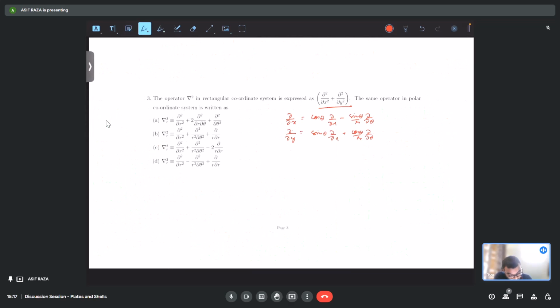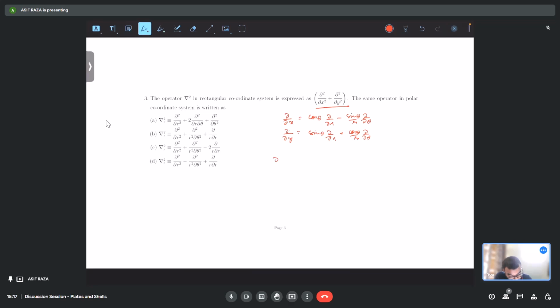So dou square can be written as cos theta dou by dou r minus sin theta by r dou by dou theta, operating on cos theta dou by dou r minus sin theta by r dou by dou theta.